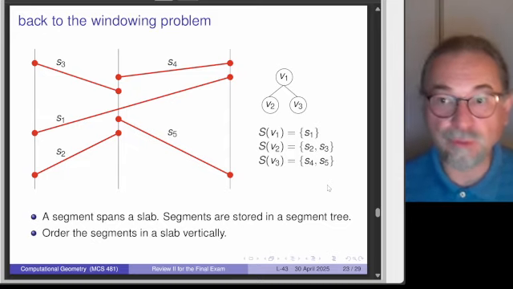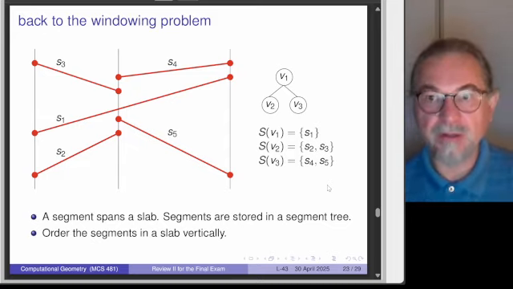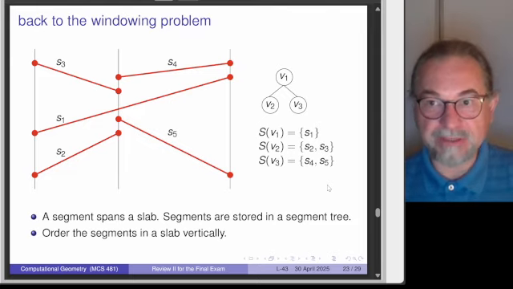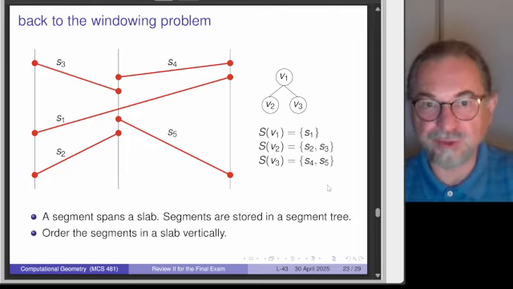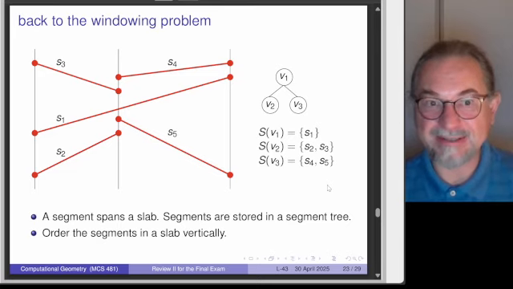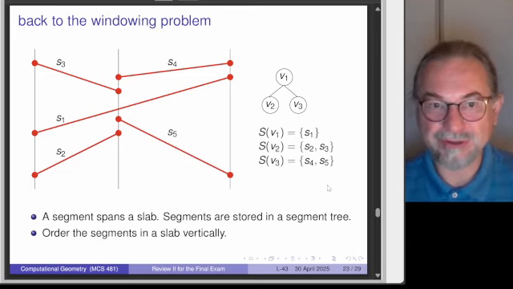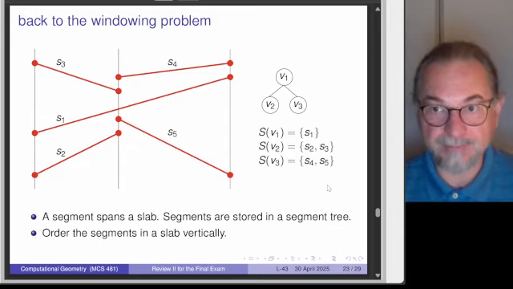So if we need to locate a point, we can apply binary search to first look at the x coordinate and decide in which slab we are. And then also the segments in the slab are ordered. So also here we can apply a binary search.